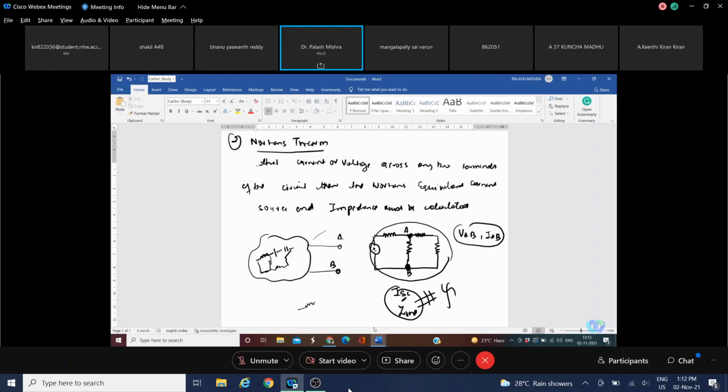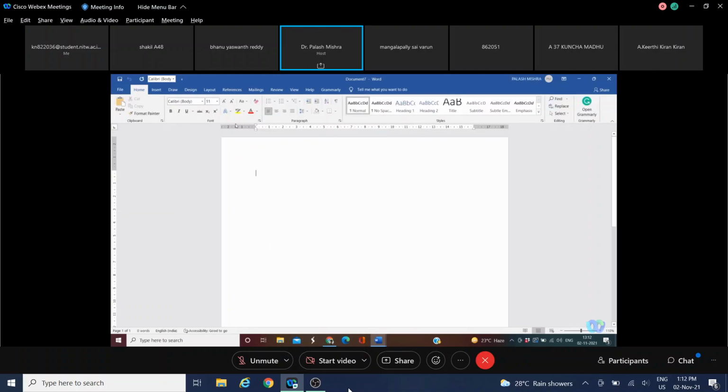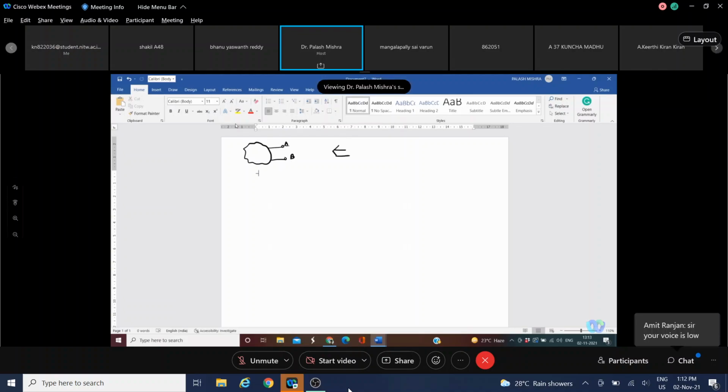For any two terminals, across A and B, you can represent this circuit with the Norton's equivalent circuit. Am I audible now?